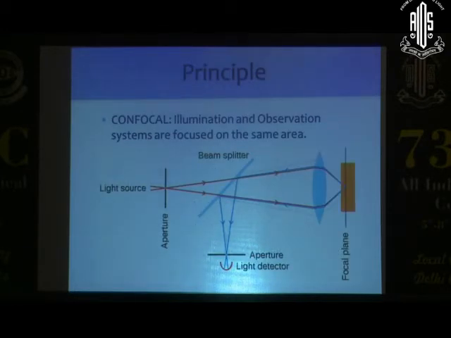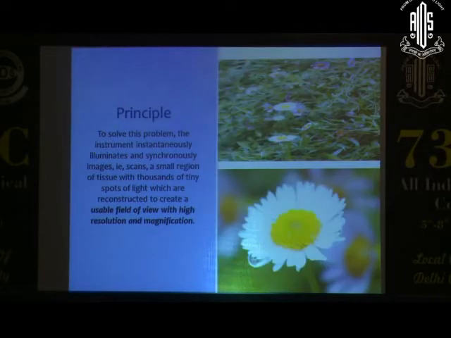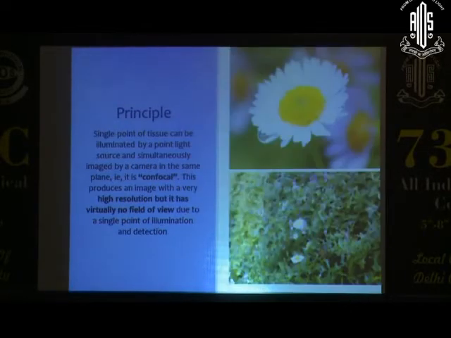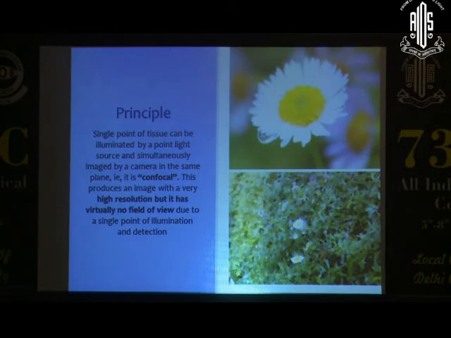And simply saying what is confocal, it means that the illumination and the observation are focused on the same area. How does this help? It creates high resolution. But again, there is no field of view. So you see the top photograph, you're seeing it in full, but you do not see what is surrounding. So it attenuates the structures, it dampens the structures that are around your point of focus.